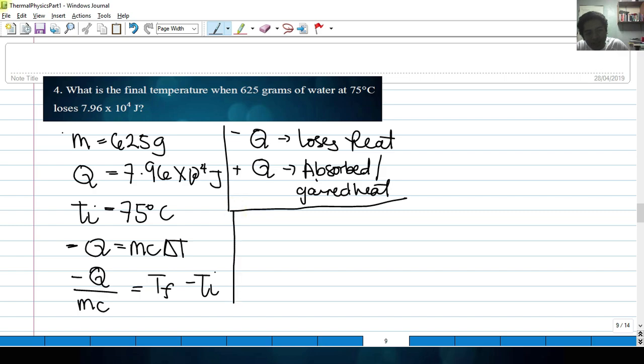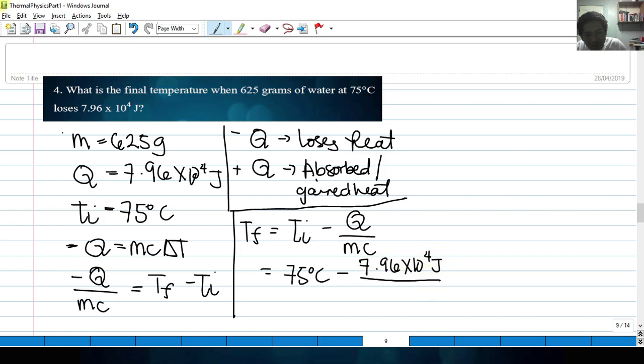We are asked to find the final temperature, and our final temperature is basically the initial temperature minus Q over M times C. So our initial temperature is 75 degrees Celsius minus the Q, that should be 7.96 times 10 raised to 4 joules, divided by the mass of 625 grams.